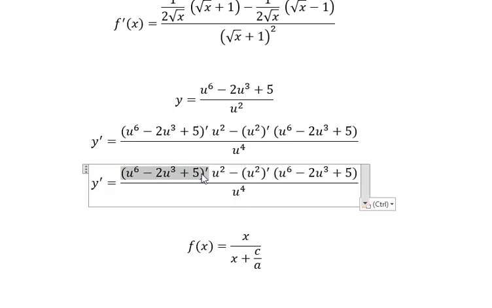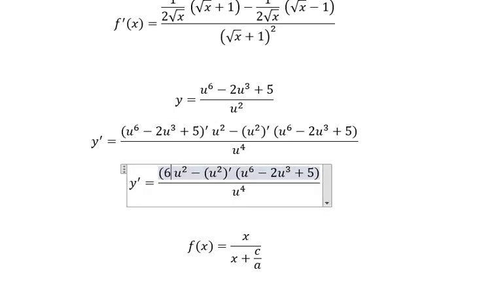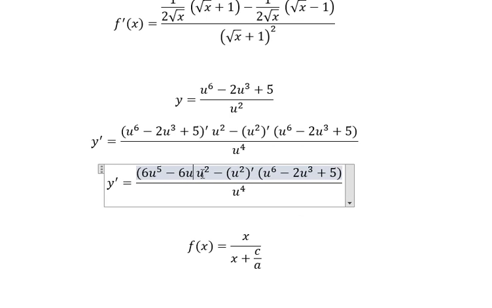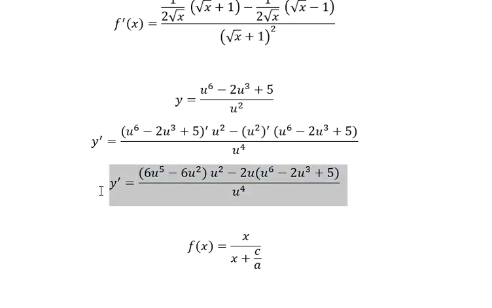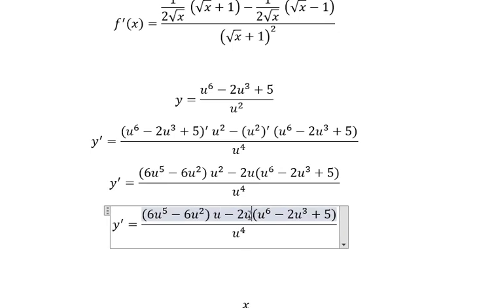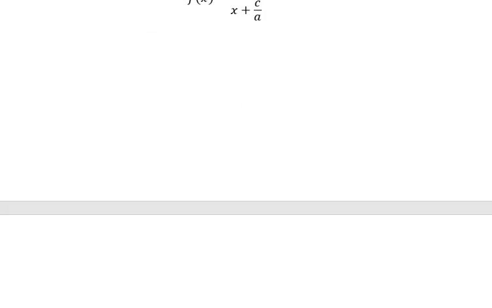So this one, we have 6u to the power of 5 minus 6u to the power of 2. Similar for this one, we have 2u. And we simplify by u. And this is the final answer.